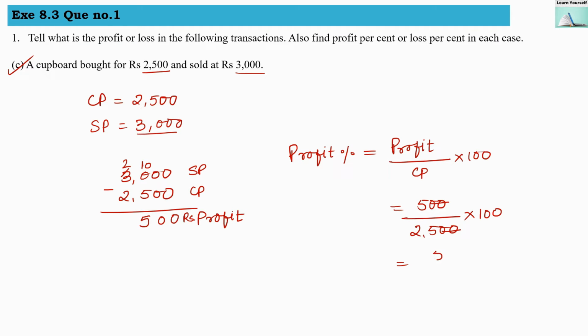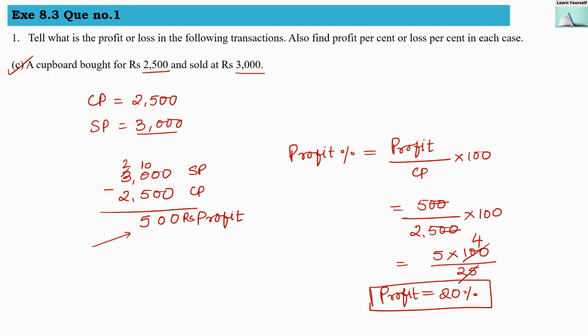We got here 5 in multiplication with 100 divided by 25. So 25 4s are 100 and 5 into 4 will give us 20. So profit percentage is 20%. Our two answers: profit in terms of rupees is 500 rupees and percentage is 20%.